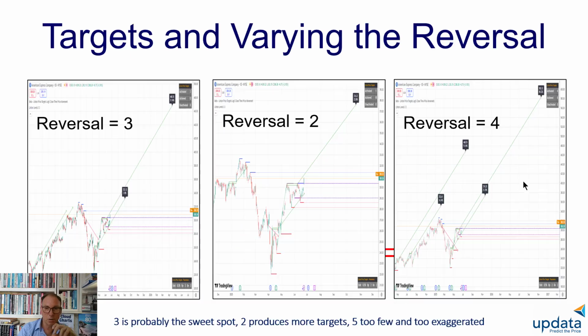The bigger the pullback, the bigger the effect on the target. So this is a normal 3 reversal. That's the default on your system and what I recommend you stick to, but you can change the reversal to 2 or to 4 if you wish. You will find 2 produces more targets and 5 produces too few and exaggerated. So stick to 3 is my advice.